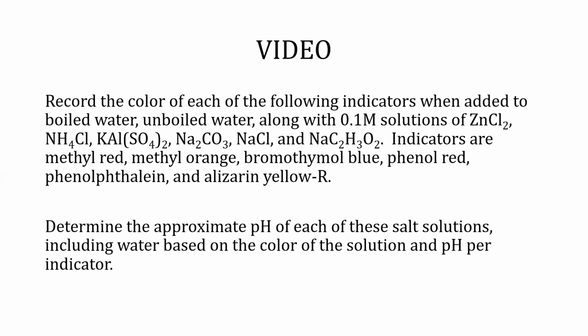Indicators are methyl red, methyl orange, bromothymol blue, phenol red, phenolphthalein, and alizarin yellow. Determine the approximate pH of each of these salt solutions, including water, based on the color of the solution and pH per indicator.